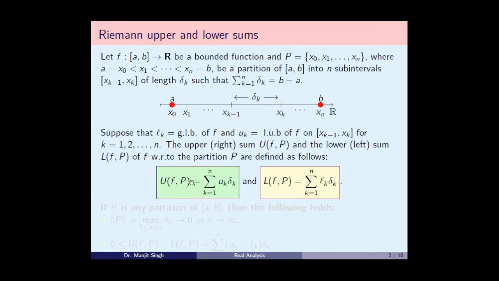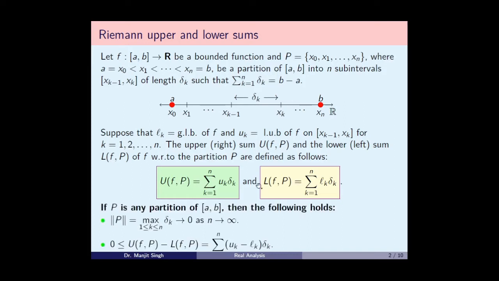So corresponding to each partition P, we can find an upper sum and lower sum. Norm of P is a real number which is assigned as the maximum length of the subintervals defined on this interval AB. If you see the number of partitions of this interval is n, and as the number of partitions increases, the length of the subintervals decreases.